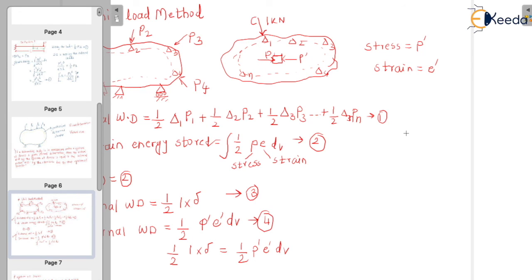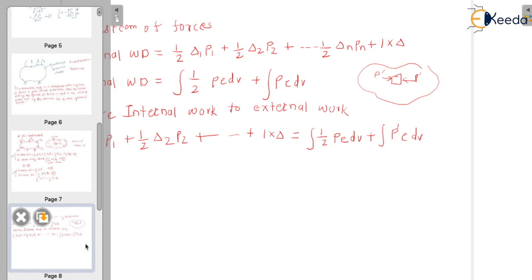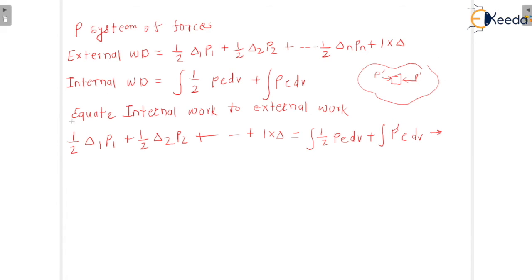When we subtract equation number 1 from our latest equation, we arrive at 1 into delta is equal to integration of P dash E into dV. So we can write delta is equal to integration of P dash E into dV.